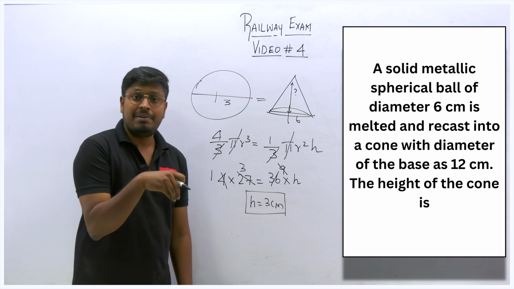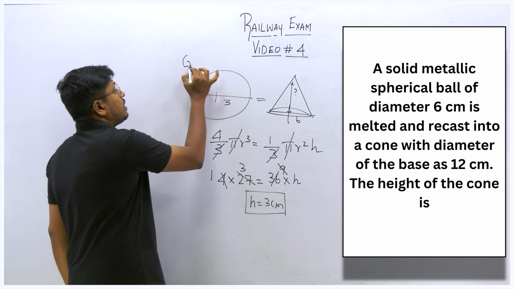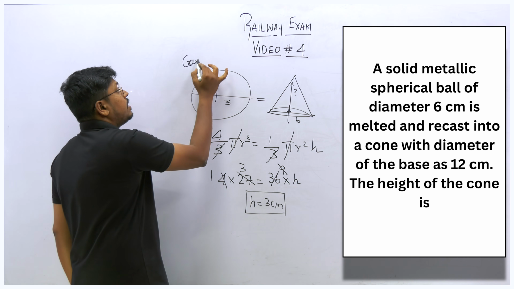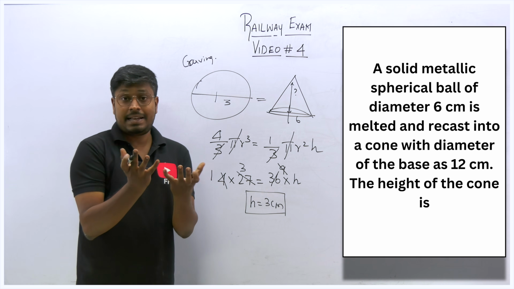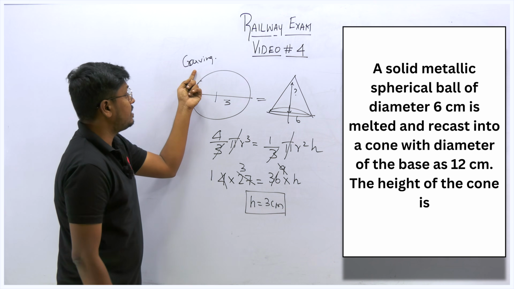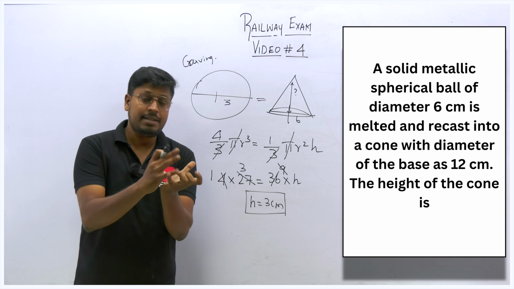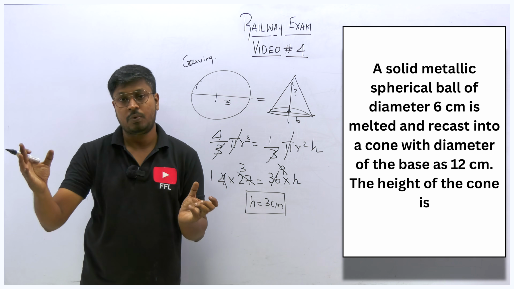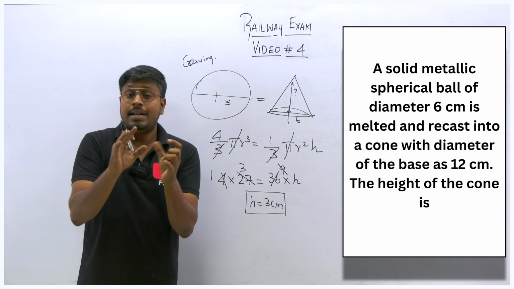And similar to melting, there is another concept called carving, right? I have seen a question like this in some exams. If it is a metallic ball, they melt that metallic sphere to make a cone. But if it is a wooden ball, they cannot melt that.